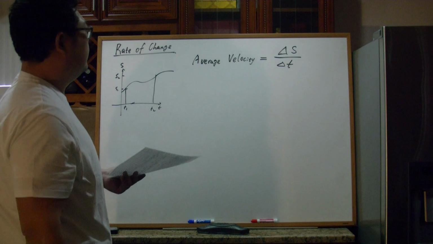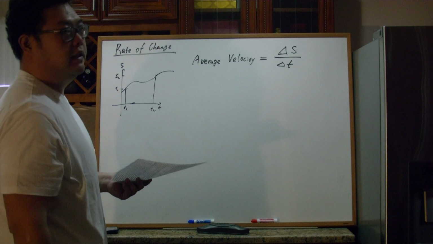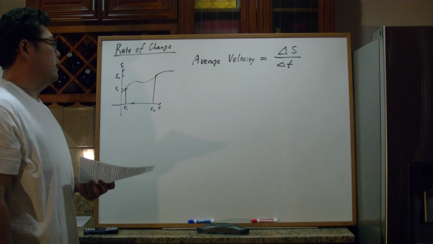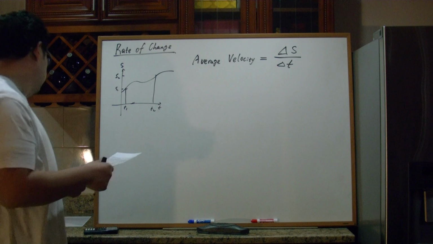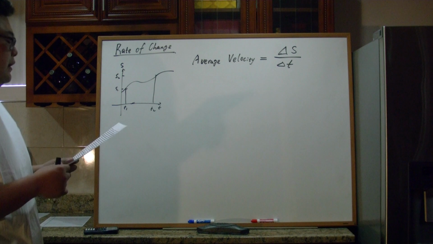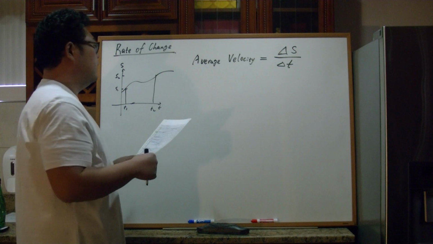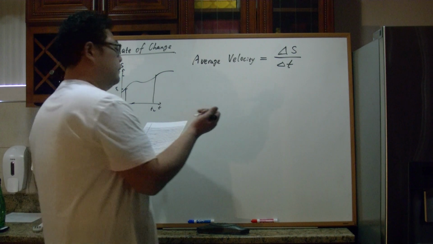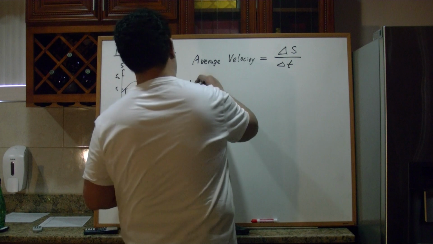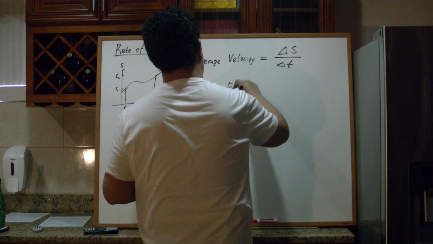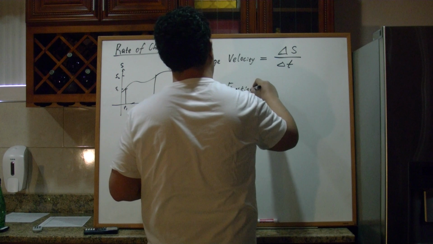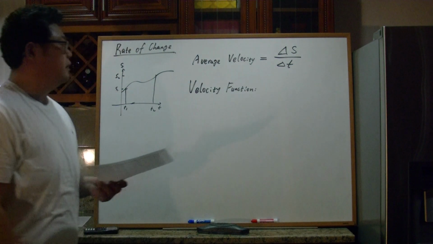What we have is called average velocity, which, if you still remember, is similar to the difference quotient.